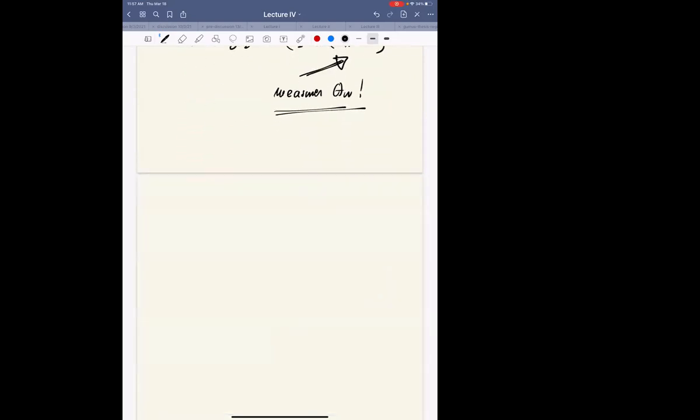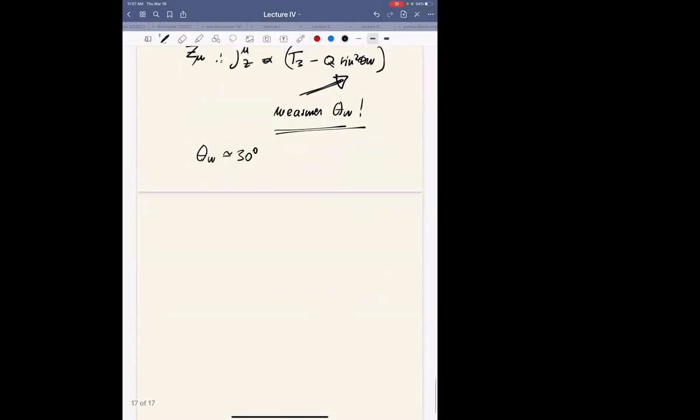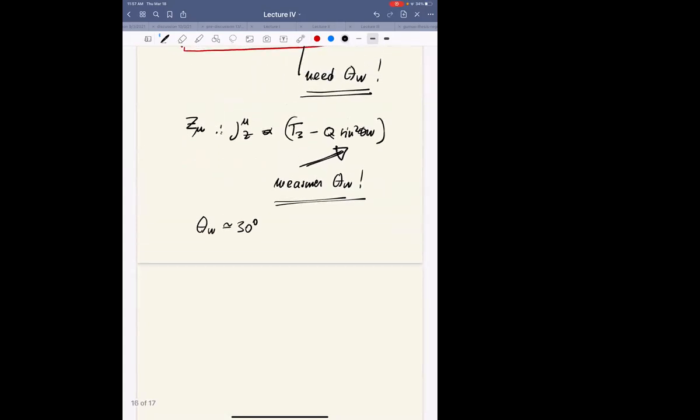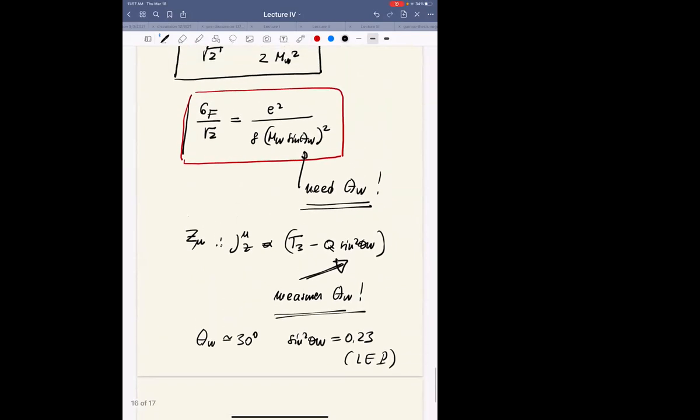And this is the famous thing. Remember, we said theta W is roughly 30 degrees for me. It's roughly a quarter. Sine squared theta W, well, more precisely, sine squared theta W is 0.23. This is what LEP taught us. The high precision experiments.